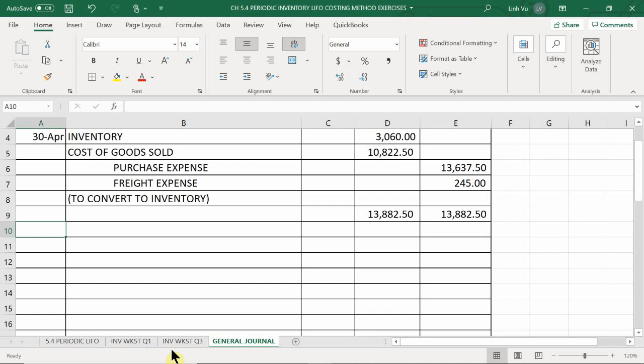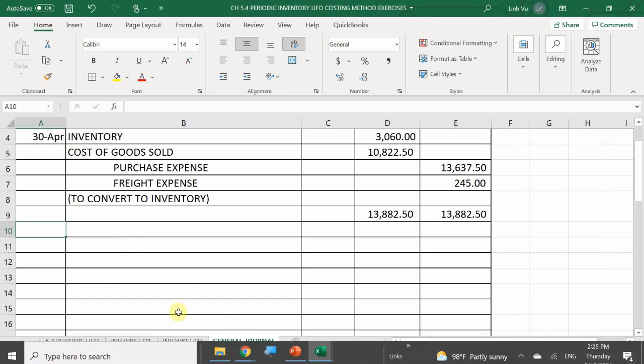We purchased items of inventory. You do have the option to save yourself some calculation instead of having to do it twice, so you can plug into your inventory worksheet first and then plug those numbers into your journal.